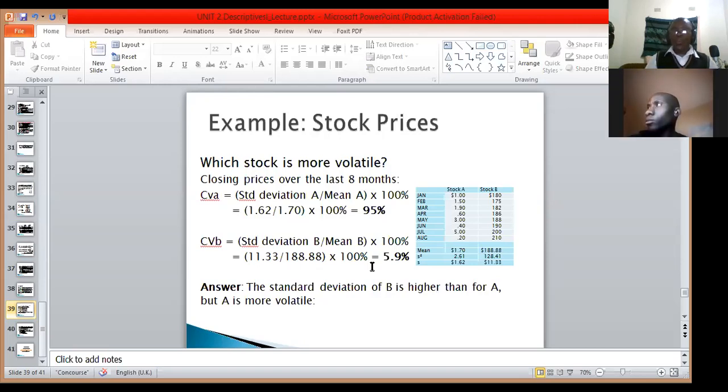So we are able to make a business decision if we are to do the investment. In which stock do we invest? The standard deviation of B is higher than for A, but A is more volatile. So A is changing more than stock B. So you're able to make the decision on which stock to invest in.